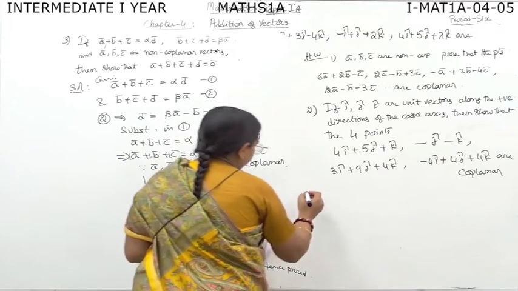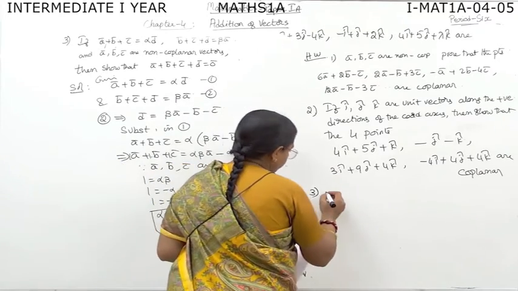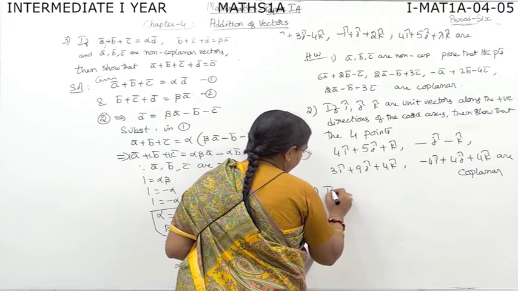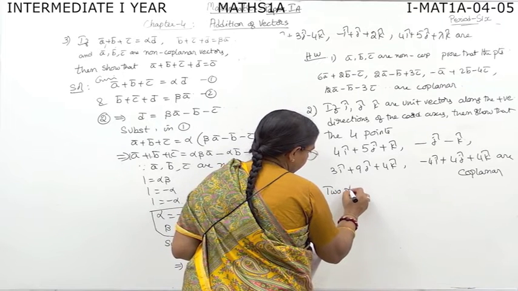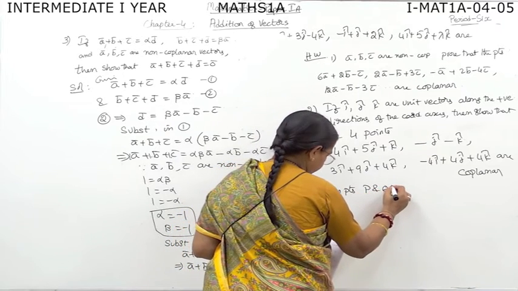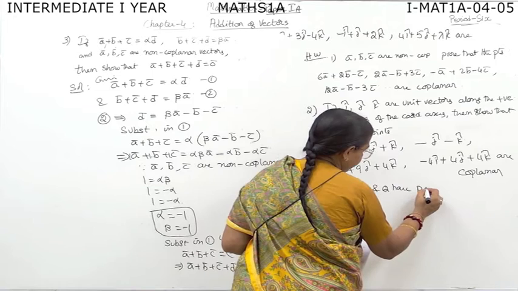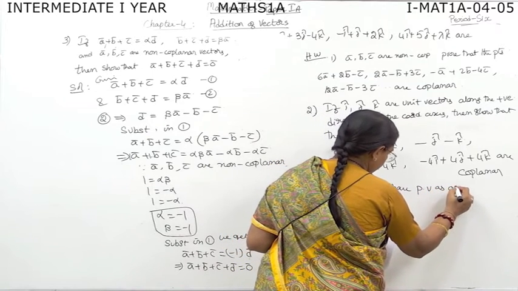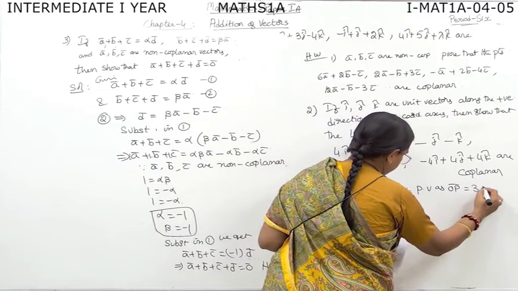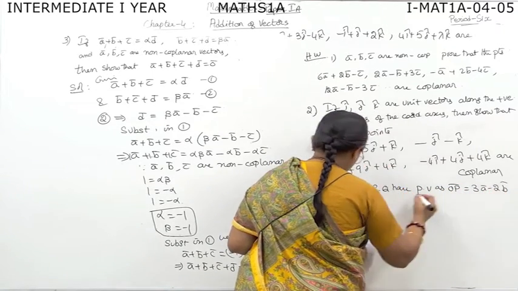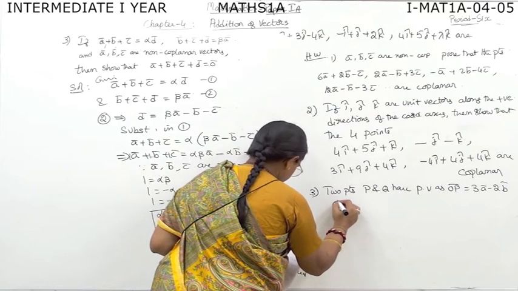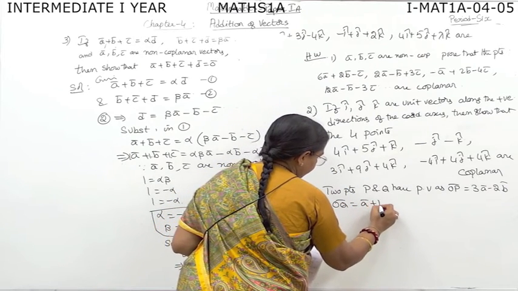I can take down another problem. 2 points P and Q have position vectors OP is equal to 3a minus 2b, OQ is equal to a plus b.